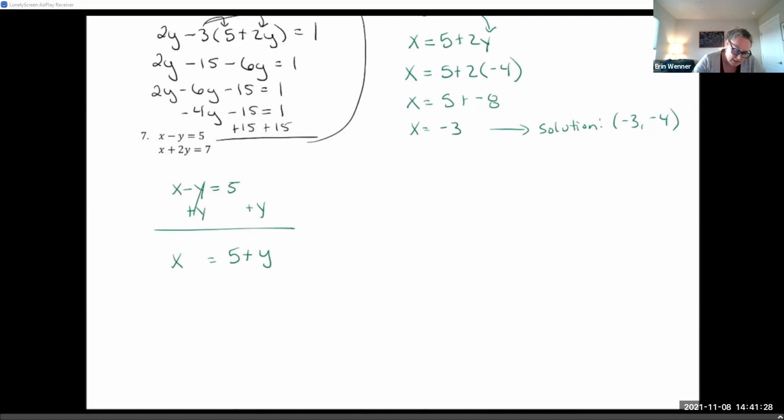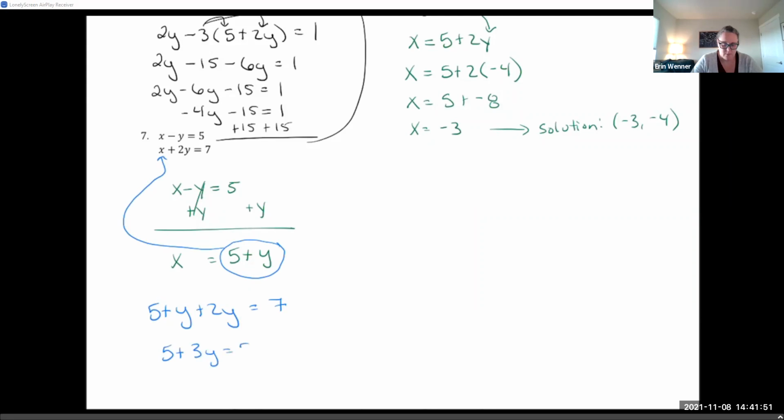I'm then going to take that 5 plus Y, because it's equal to X, and plug it in for X in that second equation. So we'll combine like terms. And then we'll solve for Y. So we'll subtract, oh, what did I write?